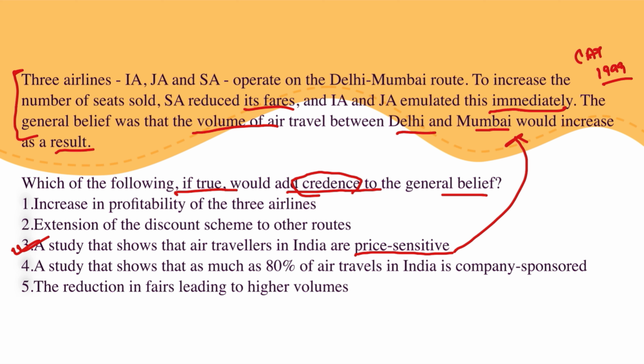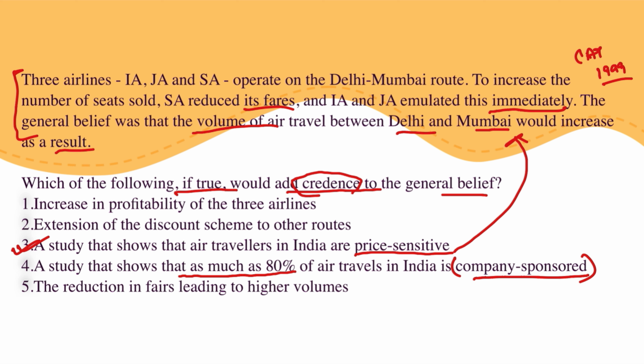On the contrary, if we look at this, a study shows that as much as 80% of the air travel in India is company sponsored, which means that the travelers are not paying for it themselves. If they are not paying for it themselves, then simply lowering the airfare is not going to result in anything, right? It is not going to result in increased travelers, right?